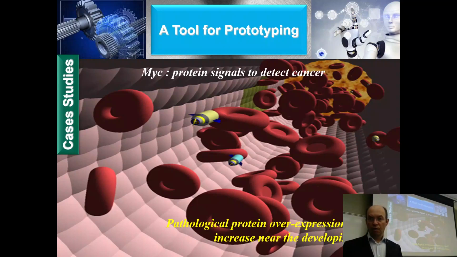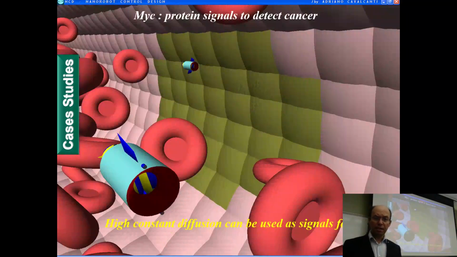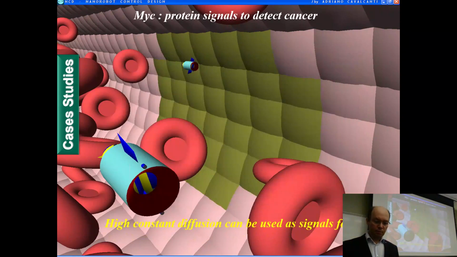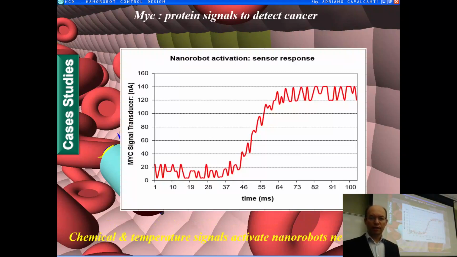And of course, the MYC protein has been proven as one of the proteins that are directly related and linked to cancer development. And thus we can use the change of gradient within the bloodstream to activate the sensor.